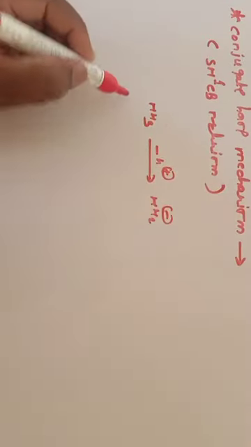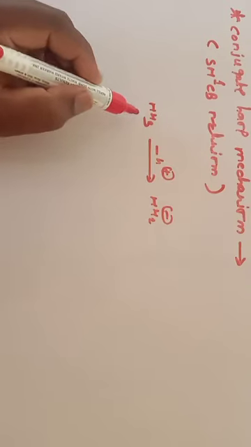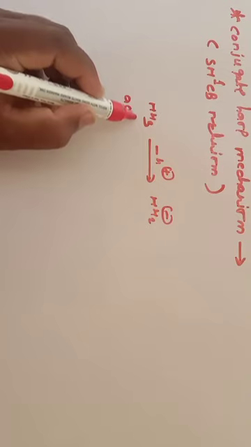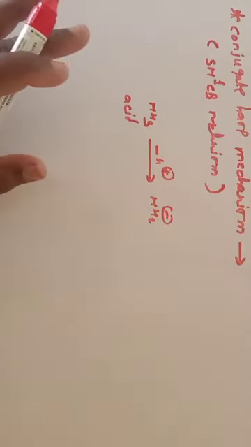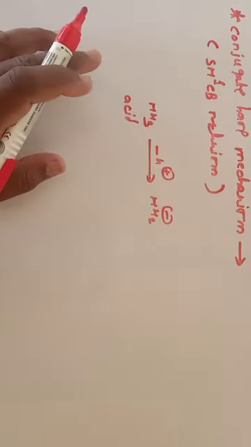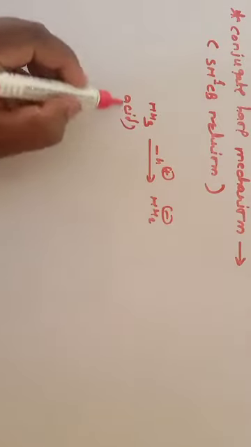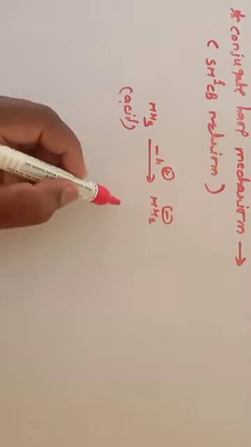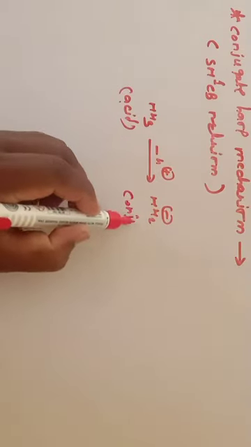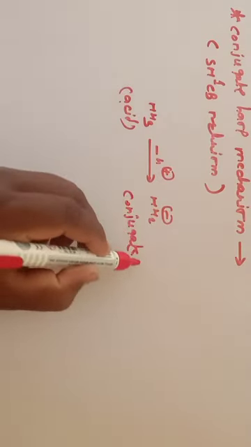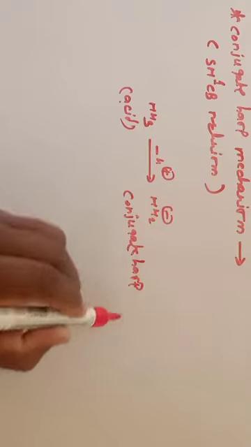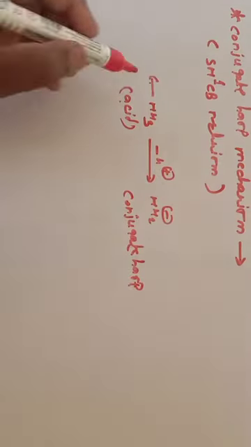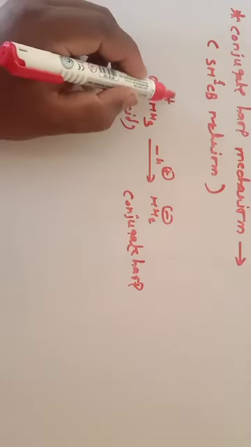For example, we consider the complex an acid, and when it loses H plus ion, it forms its conjugate base.